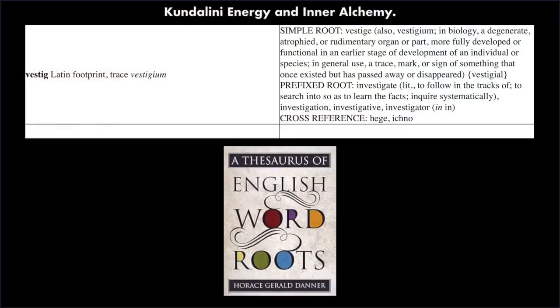Wow. So the coccygeal gland, more commonly known nowadays as the coccygeal body, is described as a small vestigial structure located near the tailbone. And according to the thesaurus of root words, vestigial comes from the roots vestige and vestigium, meaning footprint or trace.